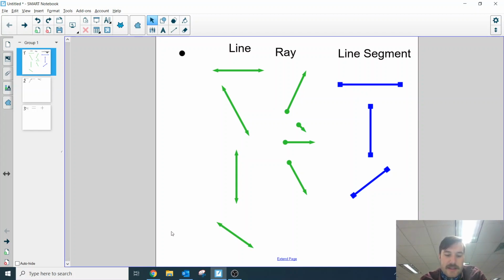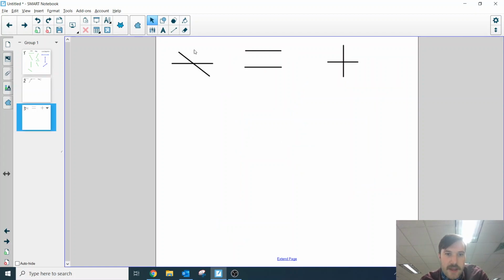Now, lines can intersect each other, meaning that lines might run into each other, like these two lines. Oh no. Well, there are names for all the different ways that lines intersect, and you may have heard of these before.